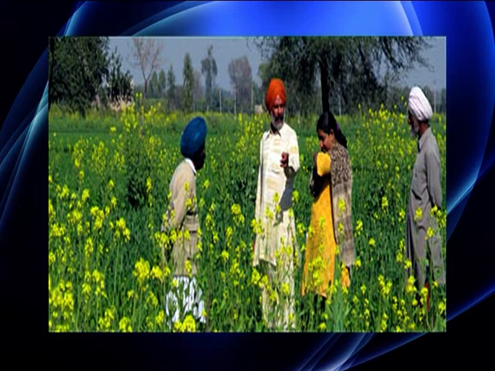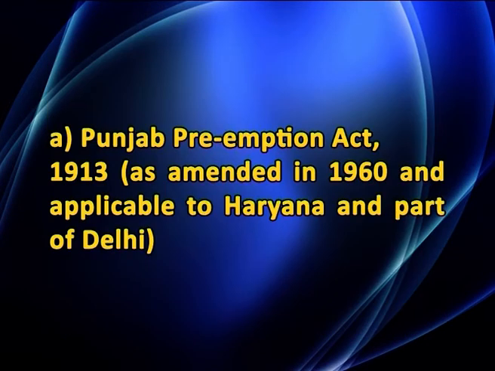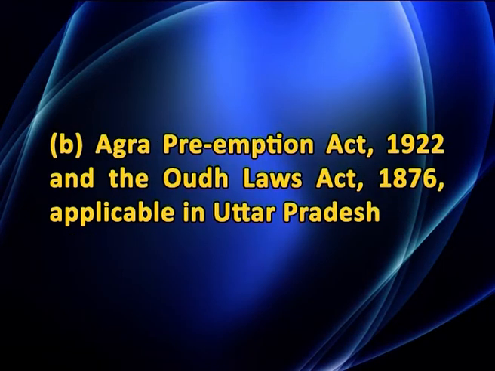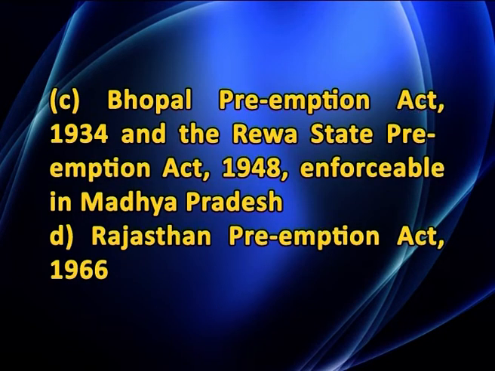Acts regulating the law of pre-emption are: Punjab Pre-emption Act 1913 as amended in 1960 and applicable to Haryana and part of Delhi; Agra Pre-emption Act 1922 and the Awadh Laws Act 1876 applicable in Uttar Pradesh; Bhopal Pre-emption Act 1934 and the Rewa State Pre-emption Act 1948 enforceable in Madhya Pradesh; and Rajasthan Pre-emption Act 1966. In these states, the rule of pre-emption is regulated by these acts.